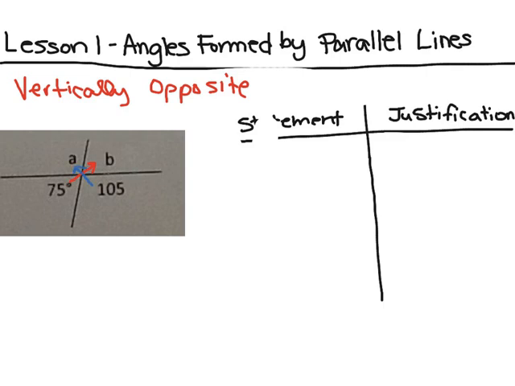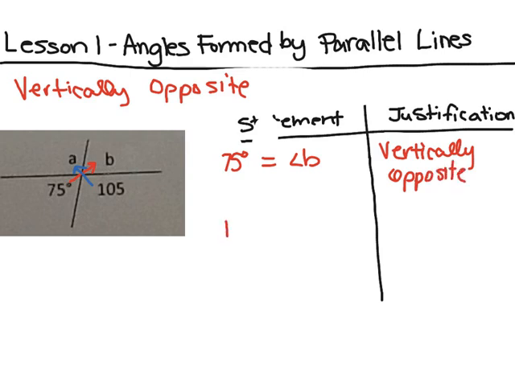So using our T-chart, we're going to say that 75 degrees is equal to angle B. Justification, vertically opposite. And 105 degrees is equal to angle A. Justification, vertically opposite. So that one's easy.